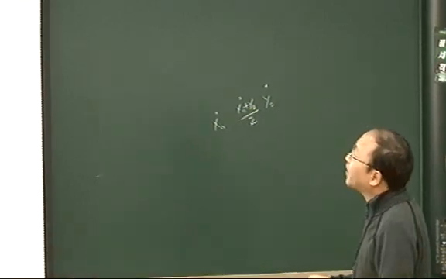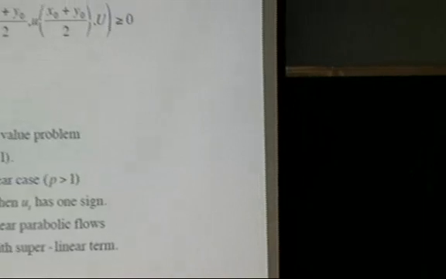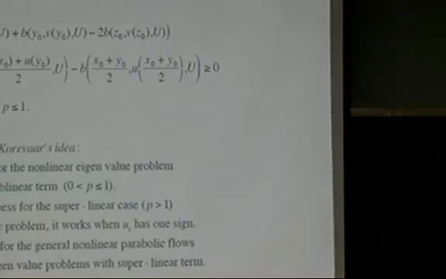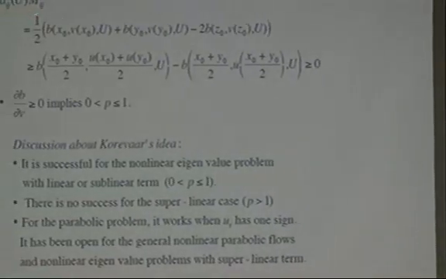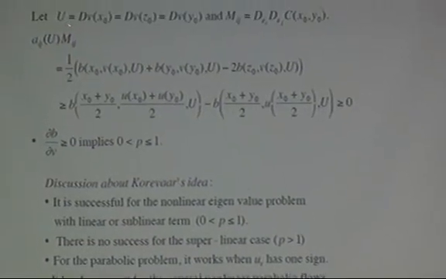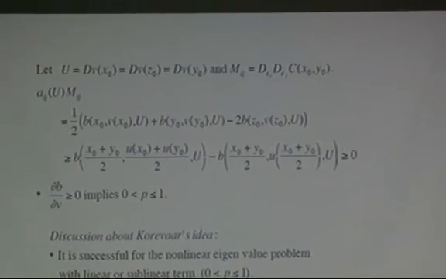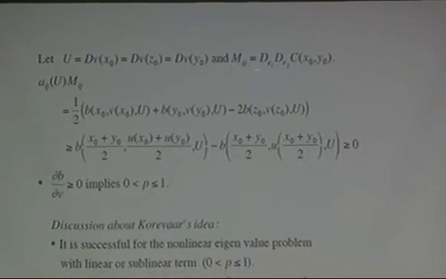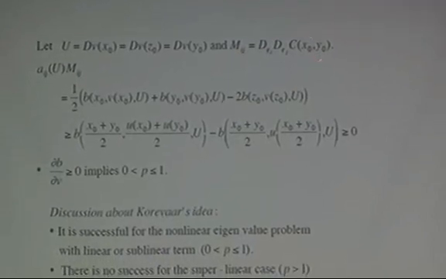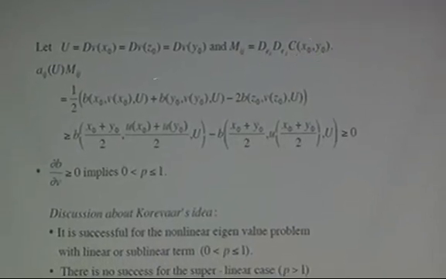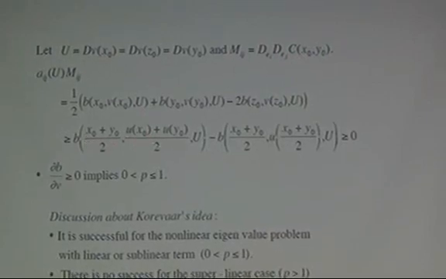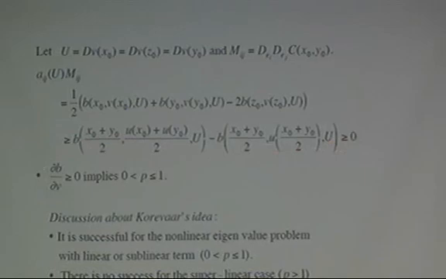Okay. So then let's say this same gradient is large U, and then you write down the equation. Then you can write down the equation for your Mij. Mij is the second differential of this quantity. Then if you put some condition on the B, then you have some kind of contradictions.